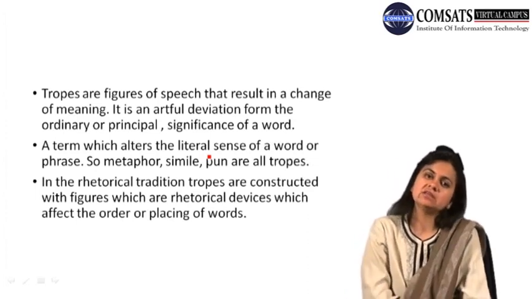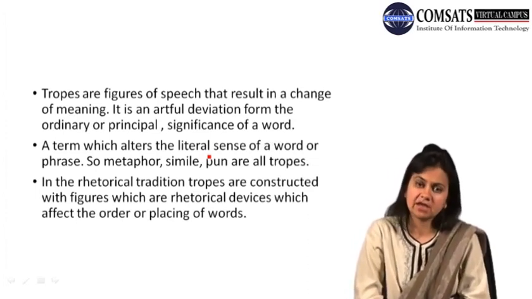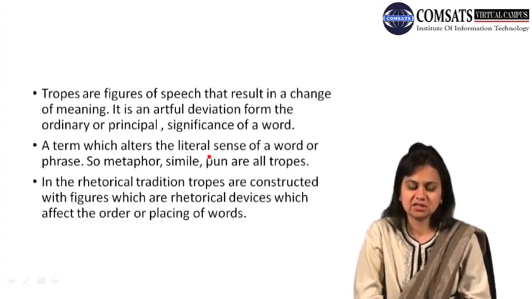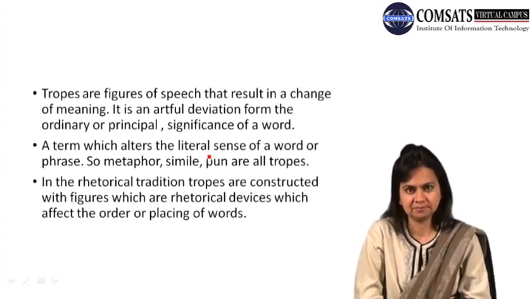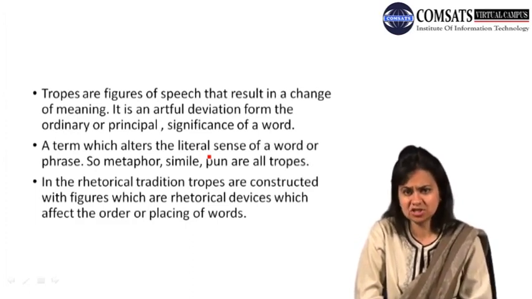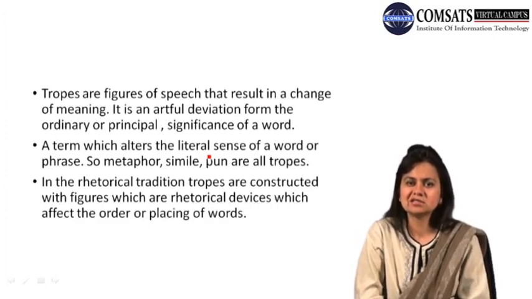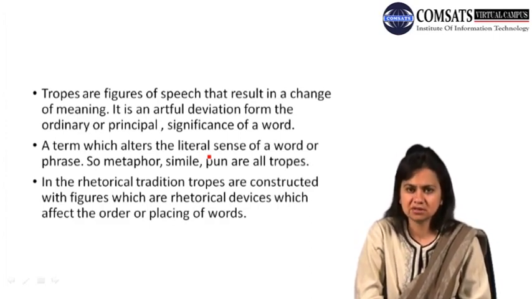Now, within the use of the tropes, there is such a practice which changes the place or order of words. So with a slight change in the place and word order, the meaning is changed. The idea is changed. Either it is enhanced, or it is turned into a comic or humorous idea, or it is turned into a satirical mode as well.